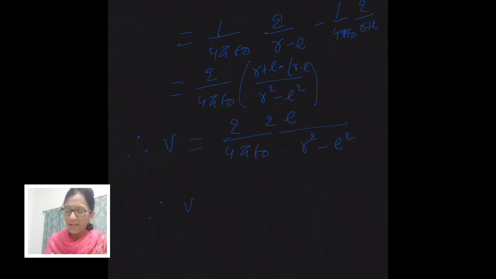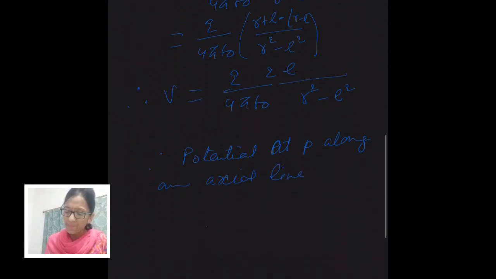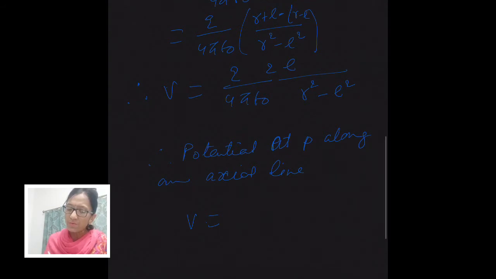Therefore the potential at point P along an axial line, V, is equal to, and here you can see this is the dipole moment: the product of one charge into the distance between the two charges is called dipole moment.